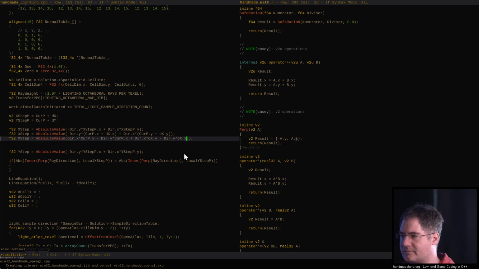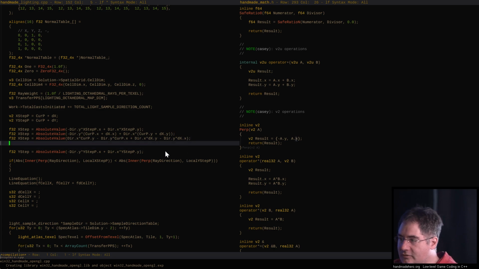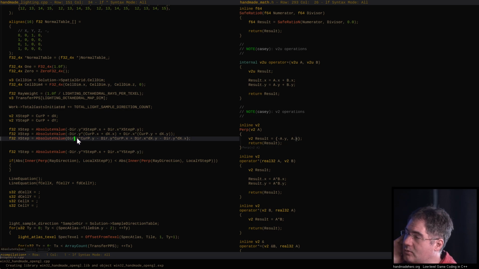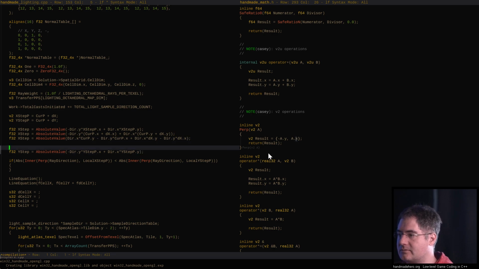Like the perp dot product, it looks like a cross product now, right? So if you look at what happens there, we're looking to see, absolute value wise, which one of these is going to be different.